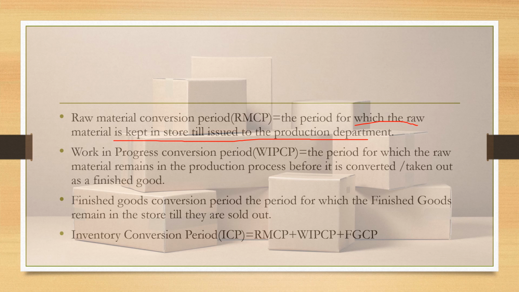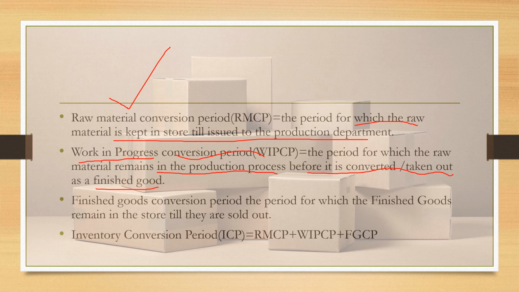The next is work in progress conversion period. The period for which the raw material remains in the production process before it is converted or taken out as finished goods. See, first we procure raw material, then we put that in process, and for that process we require some time period.